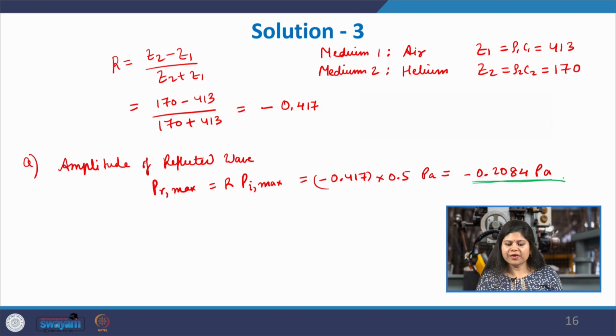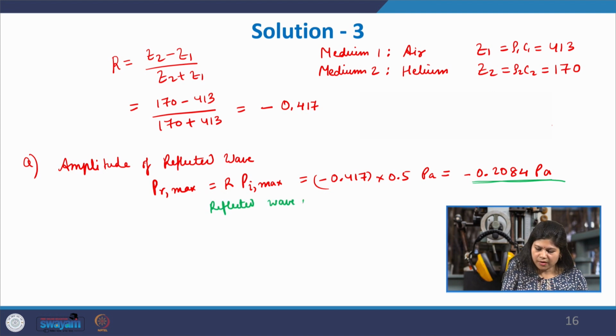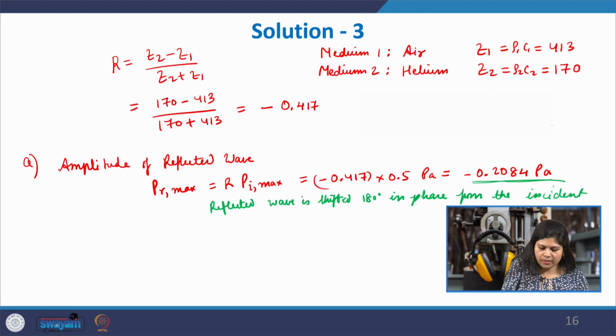So, what you observe here is that the amplitude of the reflected wave has reduced, and at the same time it has become negative. So, it is suffering from a 180 degree phase shift. The reflected wave is shifted 180 degrees in phase from the incident wave, and its amplitude has also decreased.